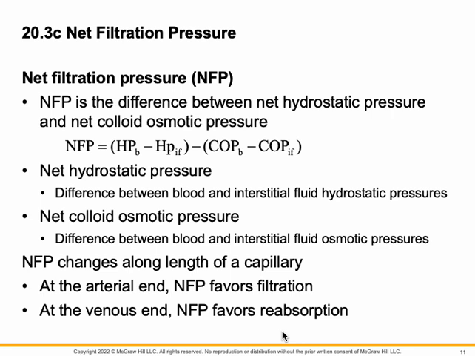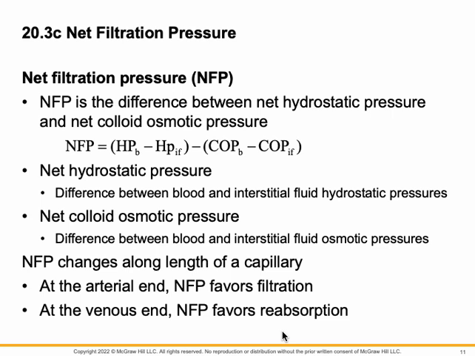What you can do is just plug in numbers. If you look in a textbook, oftentimes they may give you example numbers that you can plug in to get your net filtration pressure.